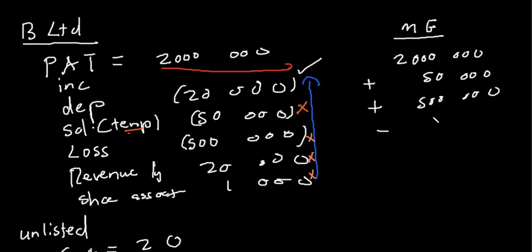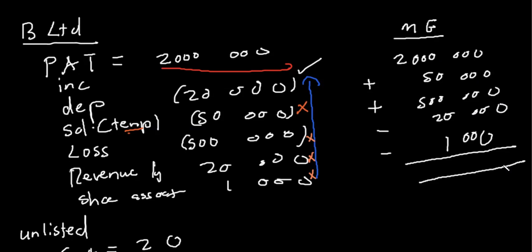We have to subtract the revenue from the contract and potentially subtract again the share of associate, which is valued separately. Then once we do that, the answer we get here should be 2,529,000, right?